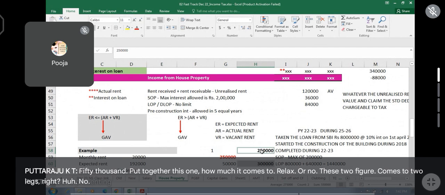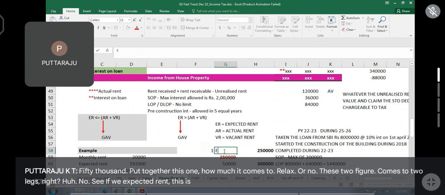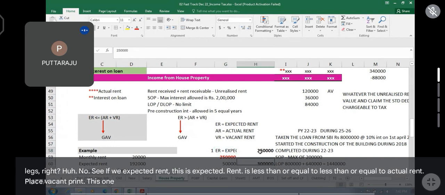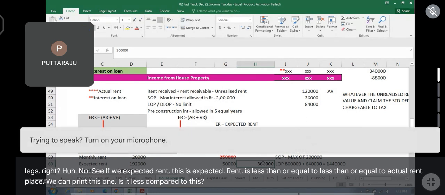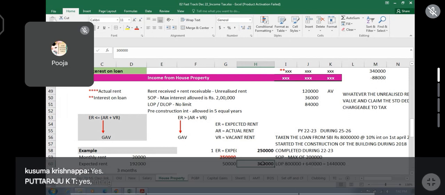Now see. If expected rent is less than or equal to actual rent plus vacant rent, is it less compared to this? Yes, sir. In that case, gross annual value will be your actual rent.